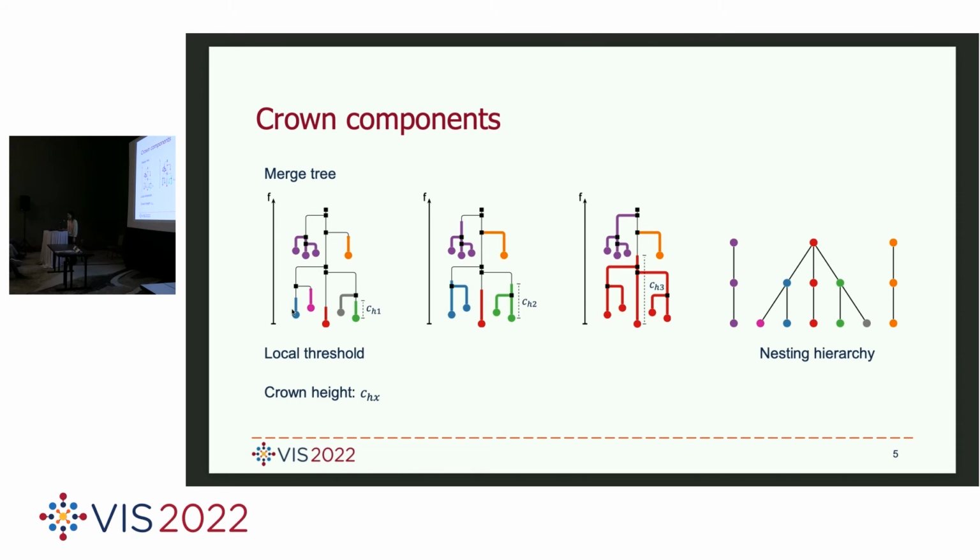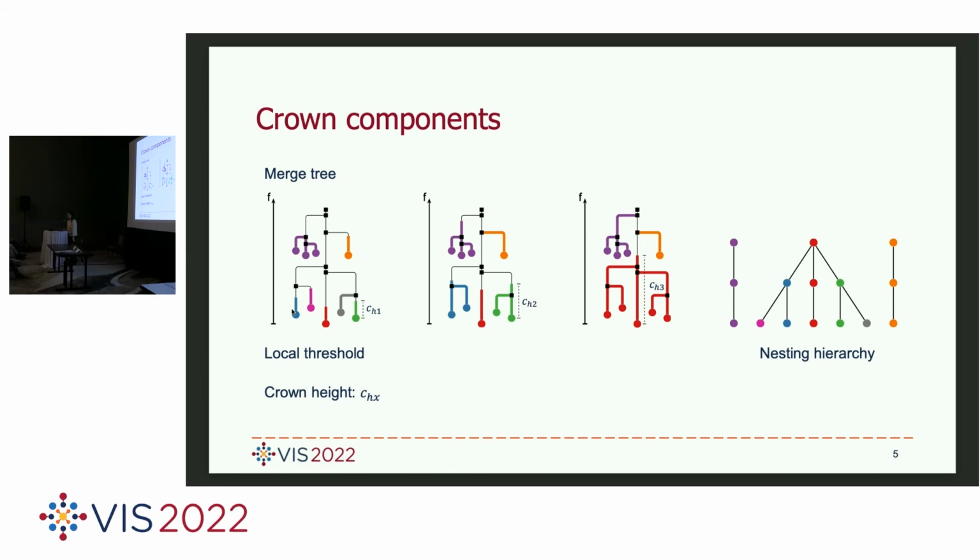Therefore, we define crown components. Crown components are defined on the merge tree, and you take an offset called the crown height from the deepest minimum within a branch. As you increase the crown height, you can see that the lower crown height components will be nested into the higher crown height components. You can also see that all minima will belong to one crown component.